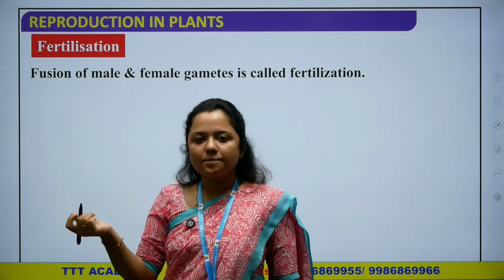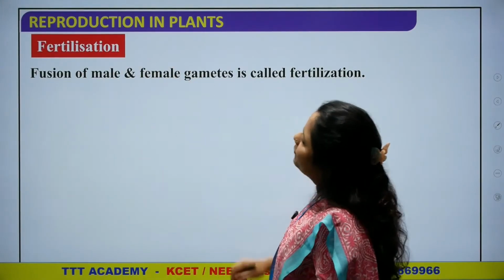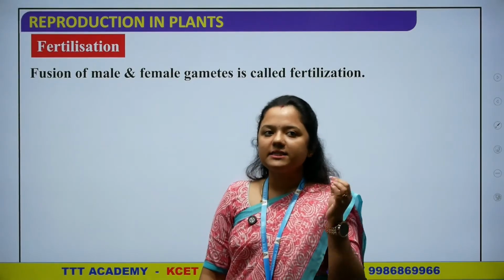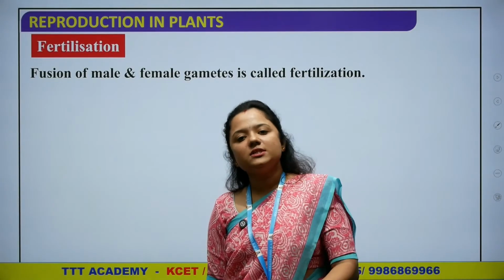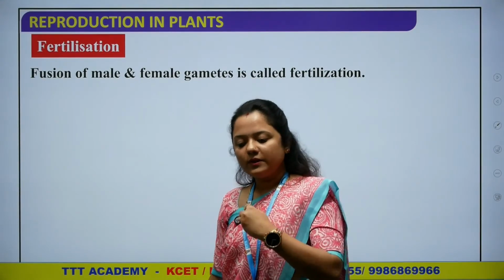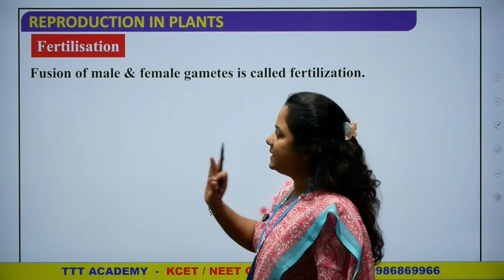The first step is fertilization, that is fusion of male and female gametes. After the pollen grain germinates and is able to successfully reach the ovule, and it is also nearest to the egg, it is ready for the process of fertilization.